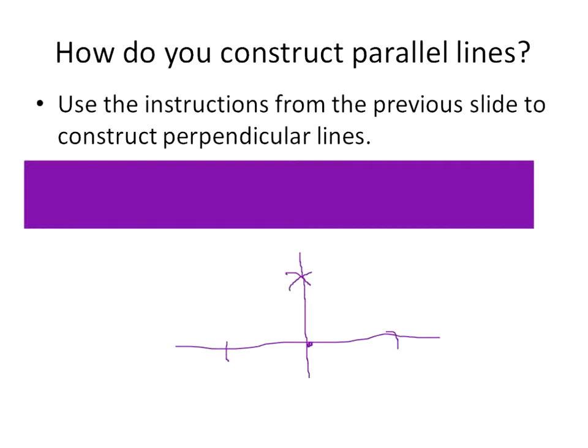Then I'm going to do that same thing again on this line. Then get my little X over here with the arcs, and then draw the line connecting it. So go ahead and try that yourself and see how you do it.